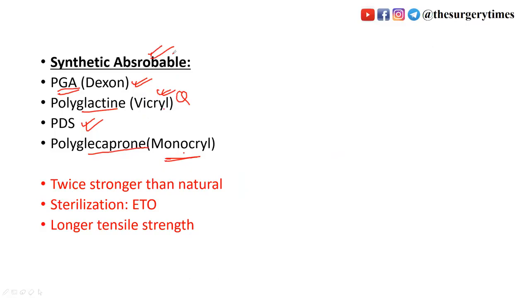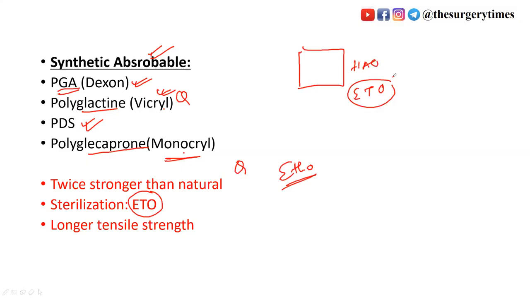Okay, and synthetic absorbables are twice as strong as natural absorbables, and the sterilization is ETO. ETO is ethylene oxide. Okay, here you can see one box will be given in the exam. This can be hot air oven or can be ETO. But how can you differentiate whether hot air oven or ETO is given? Because if it is ETO, then the materials used should be covered.